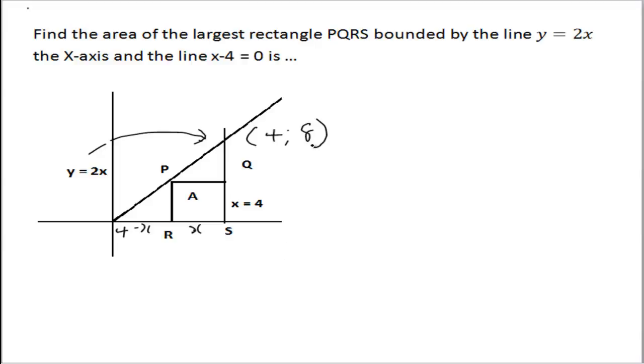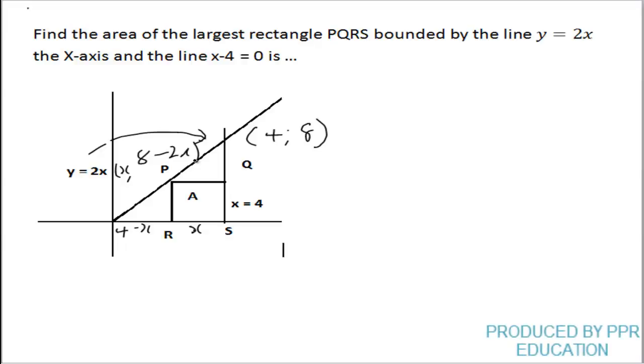Now we know that this point here is 4 minus x. So if we let this value here be x, then if you substitute 4 minus x there, you will get 8 minus 2x.